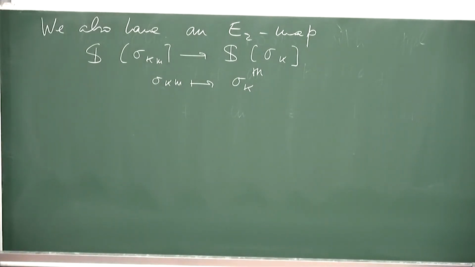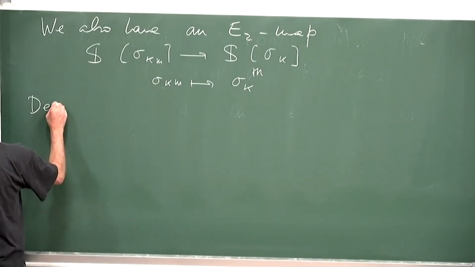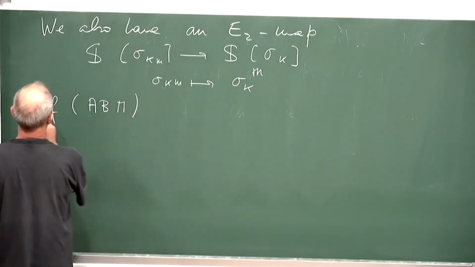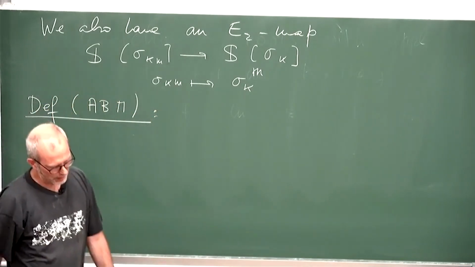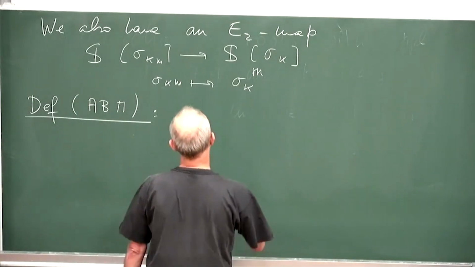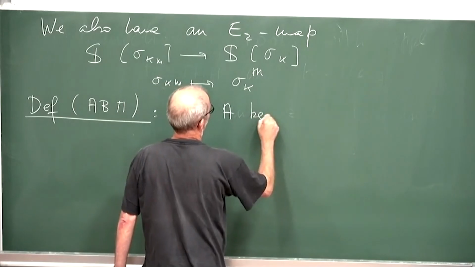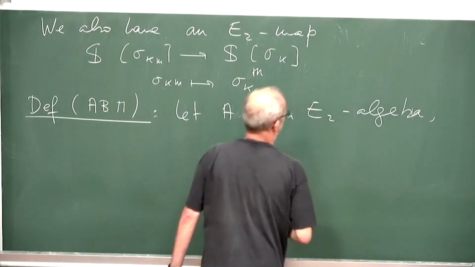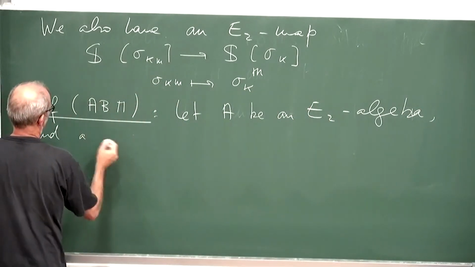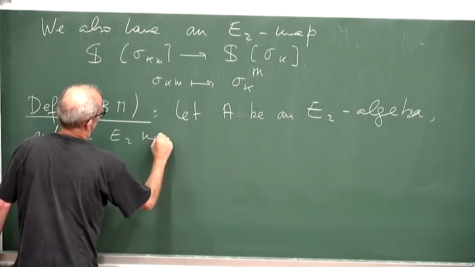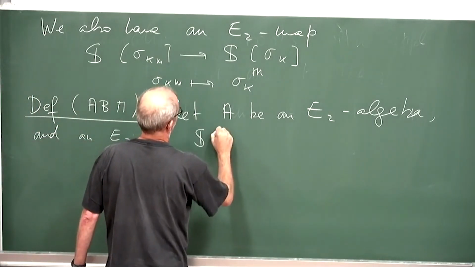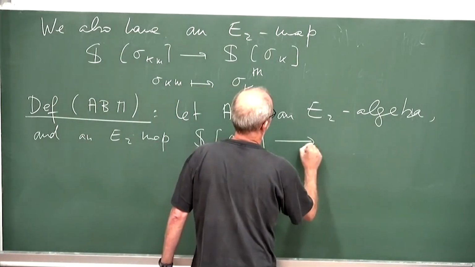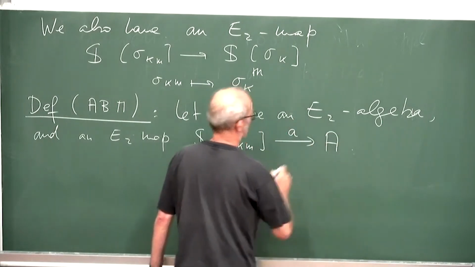So the definition that we give with Özgür and Tasos: suppose given an E2 algebra and a map like this.